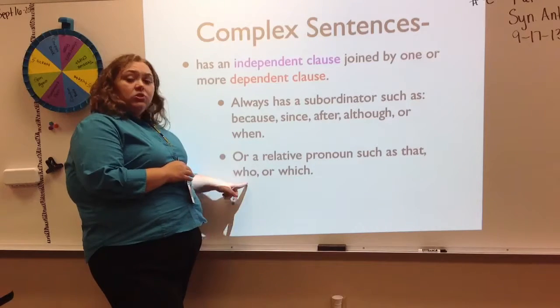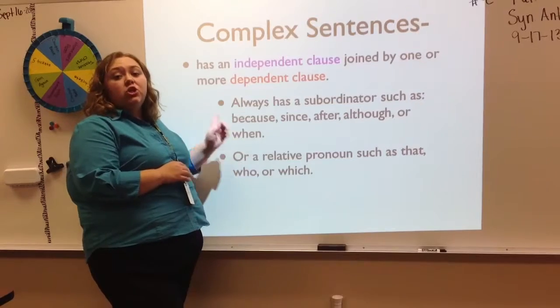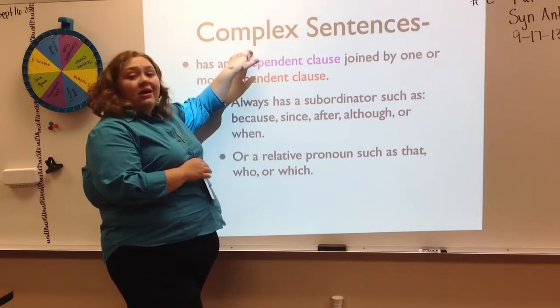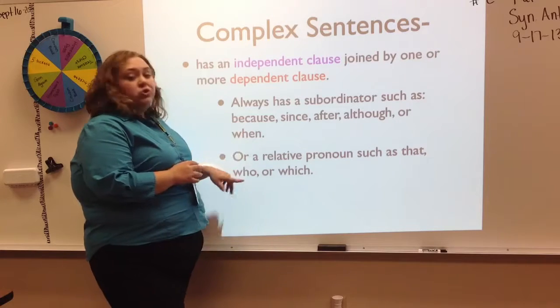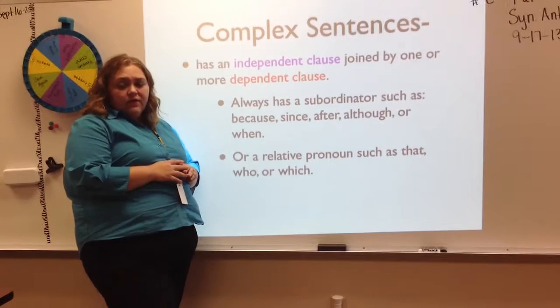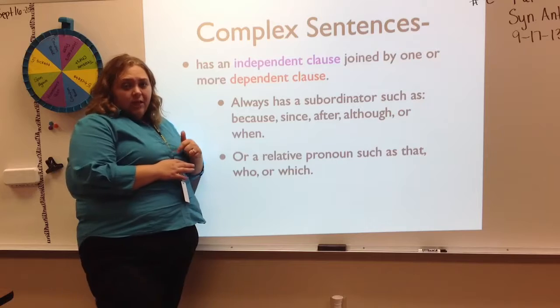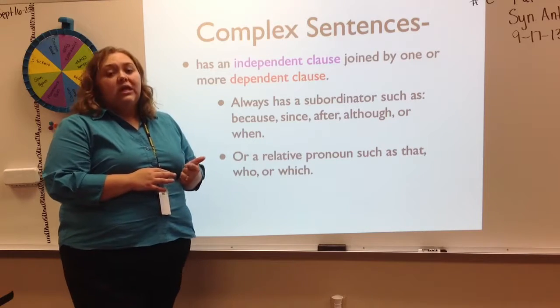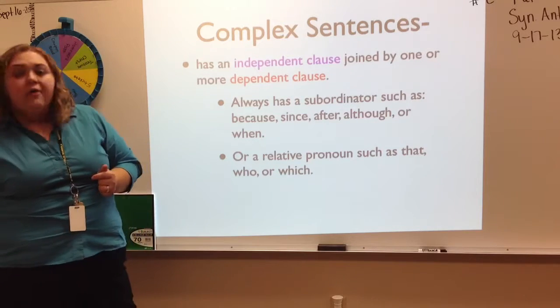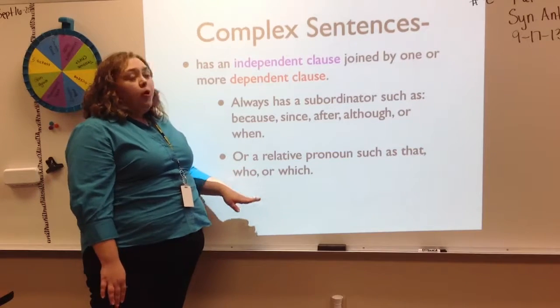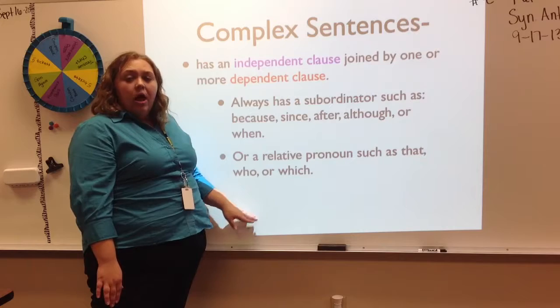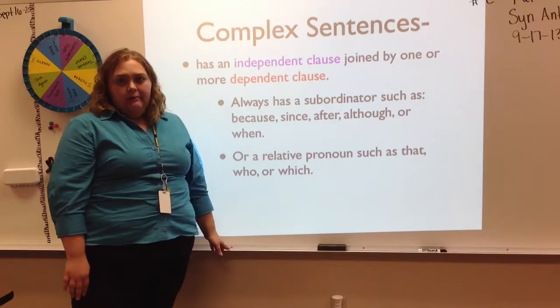When you see these words here, that's a huge clue that you're going to have a complex sentence. Now also keep in mind that these words do not need a comma to be part of the sentence. But the coordinators, like before in the last slide, those needed a comma. On the next slide, I'm going to show you some examples of complex sentences. So go ahead now, pause this, write these notes down, and we'll start on examples on the next slide.